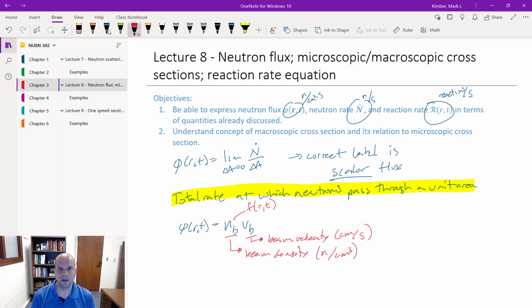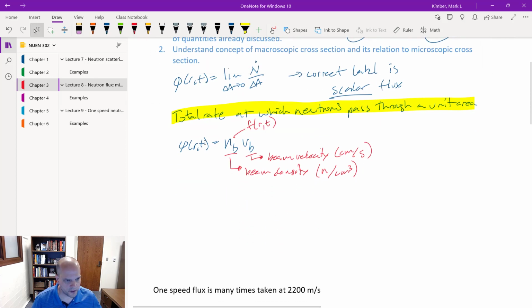You might have different neutrons at different speeds, and even in a very controlled experiment, you might have 2 or 3 different neutron beams coming in, with different speeds, different energy levels for each of those beams. And so if we did have multiple beams, the way that we would add these together is just to sum up all of the products of the beam speed and beam density.